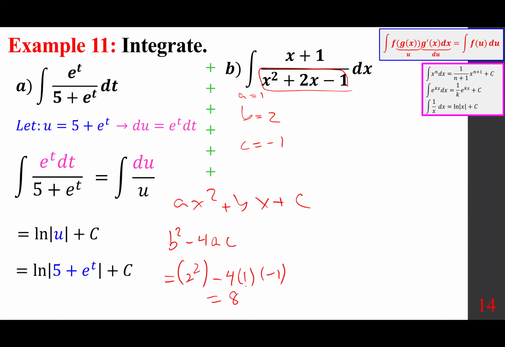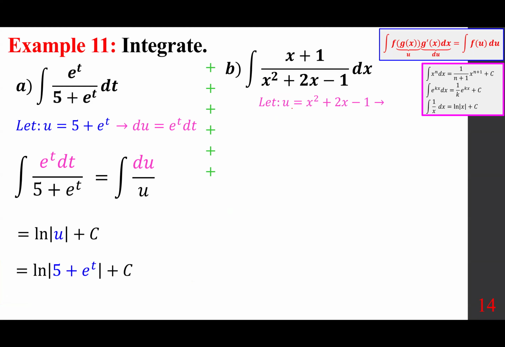So let u be the denominator. The derivative is 2x plus 2. Du dx is 2x plus 2, or 2 times x plus 1. Therefore, du is 2 times x plus 1 times dx.